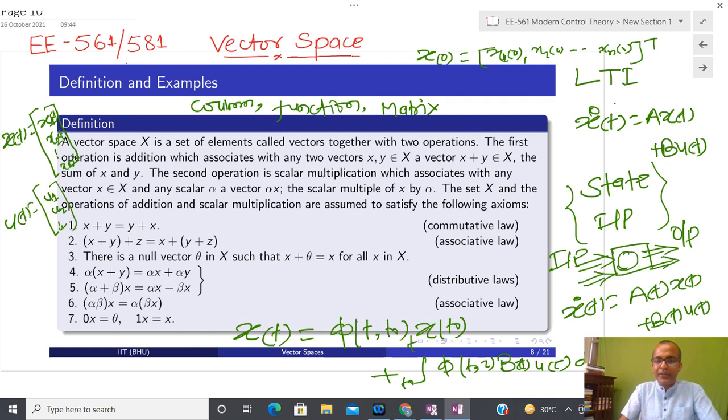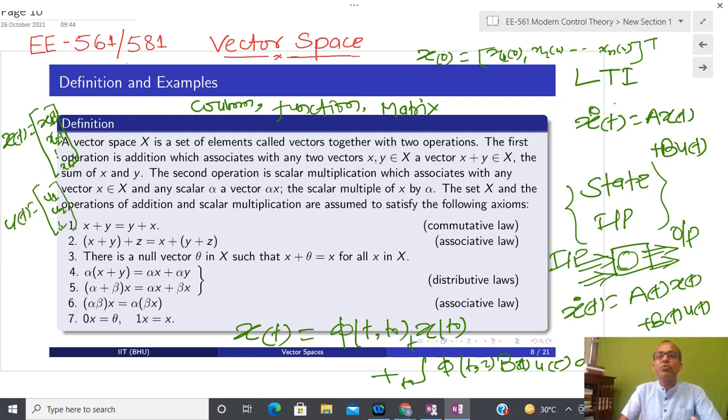So how do we operate? Suppose that in place of a human being I replace it with a machine and tell the machine to analyze the linear time invariant system.